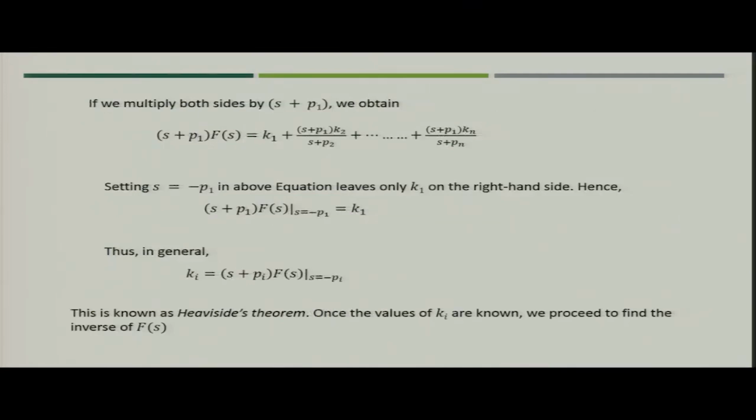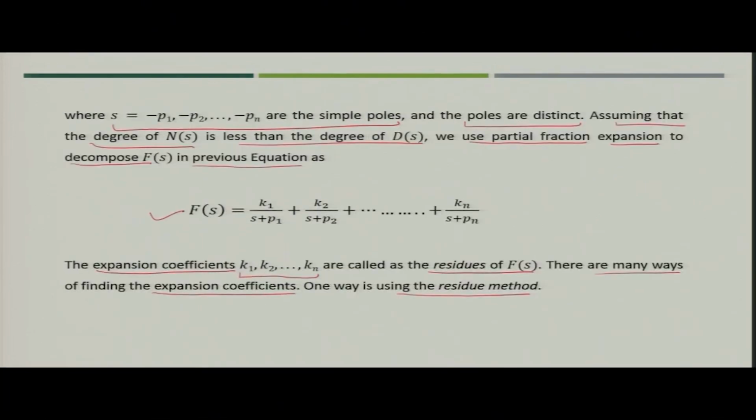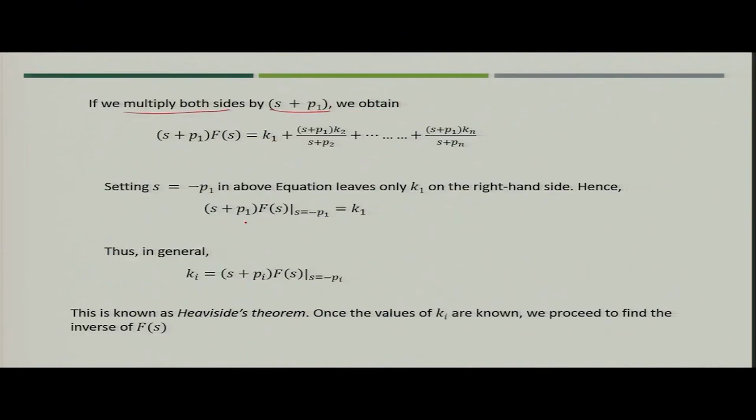In this, what we will do is multiply both sides by (s + p1). The first term in the decomposed expression has the denominator (s + p1). So when you multiply, this becomes (s + p1) F(s) equal to a constant term k1 plus the other terms where (s + p1) would be in the numerator.